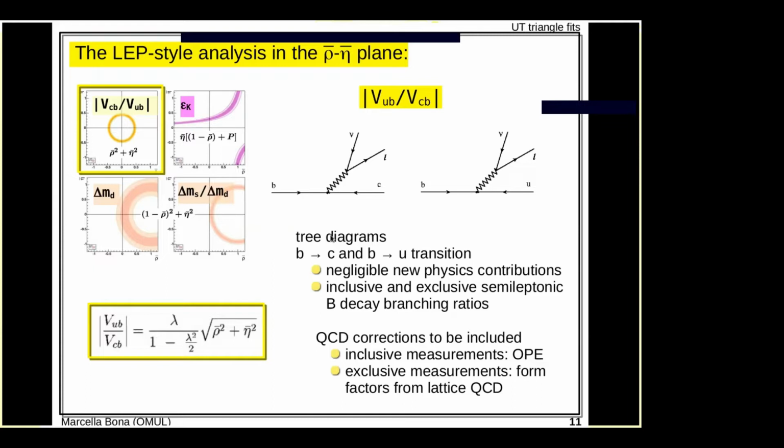So clearly this is a dominant transition, and it's a b to c and a b to u transition. So b to u is going to be suppressed by the CKM because you're connecting the families that are the third and the first. But because you have a tree diagram, you want to think that the new physics contribution here is negligible.